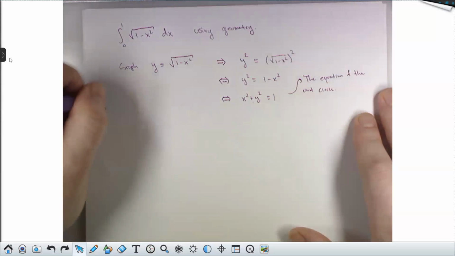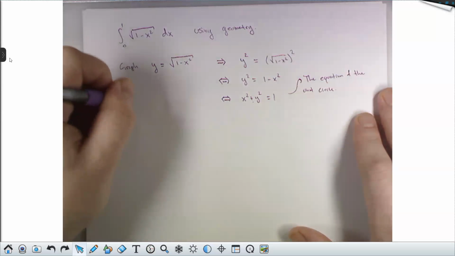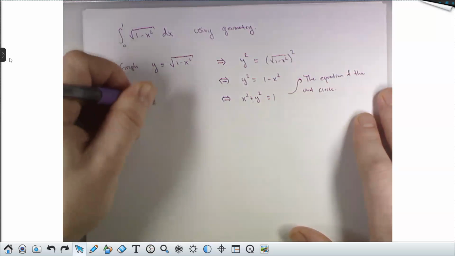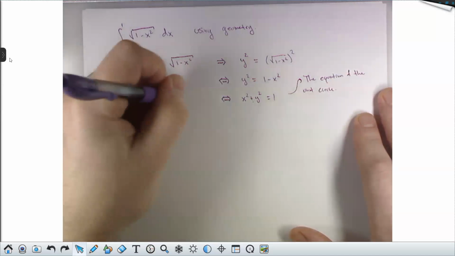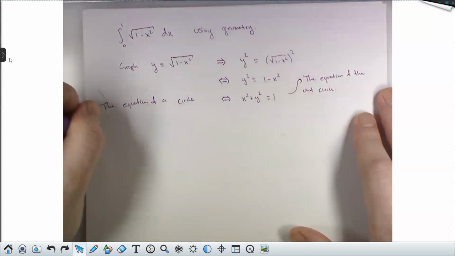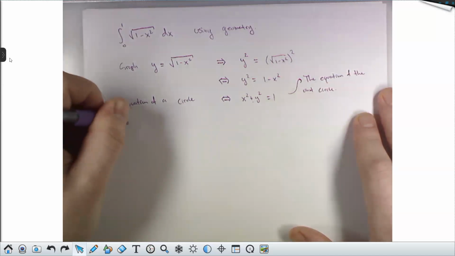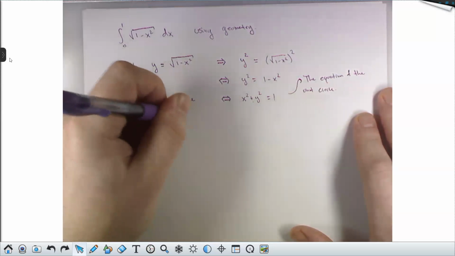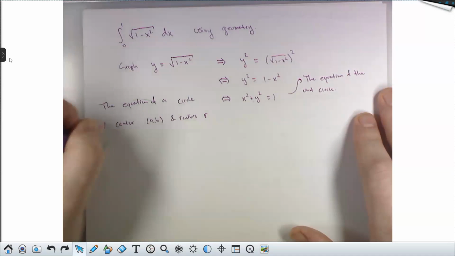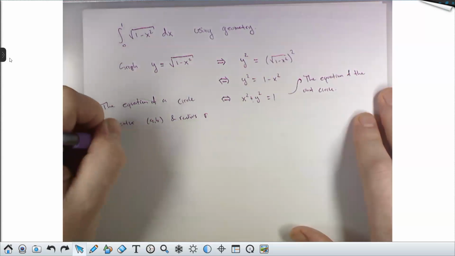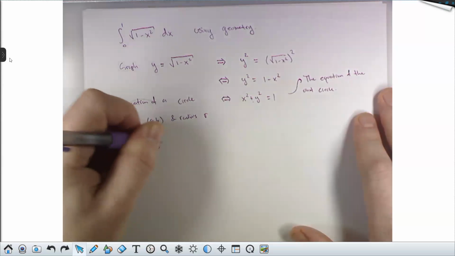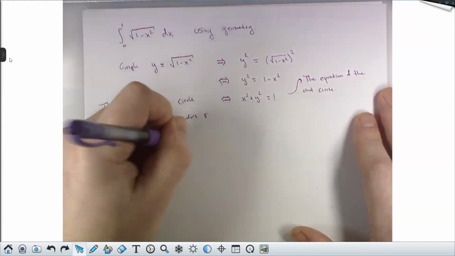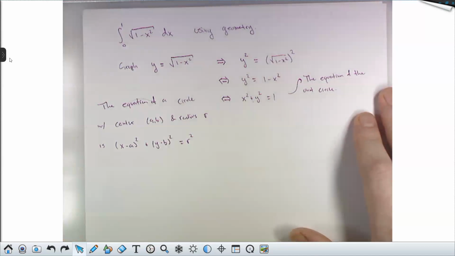Remember, in general, the equation of a circle with center a comma b and radius r is (x minus a) squared plus (y minus b) squared equals r squared.